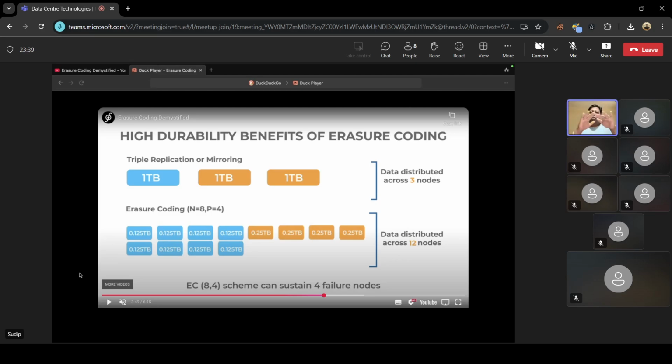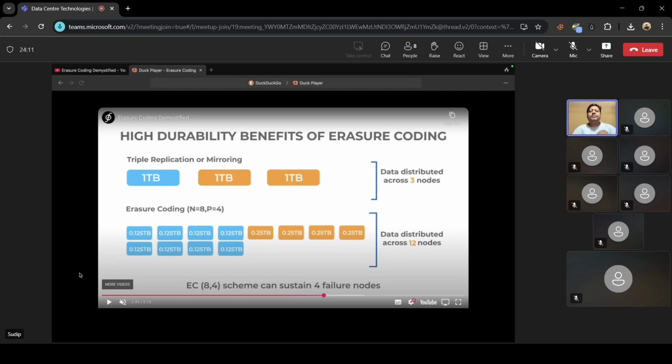All these calculations of striping the data in the memory into smaller chunks, creating the n number of data fragments, and then whatever your erasure coding scheme is, n plus 2 or n plus 4 or n plus 6 or n plus 8, you're doing all of this in the memory. After it is done in the memory of the storage system, you are just writing that in parallel into multiple hard disks or SSDs in the storage system.